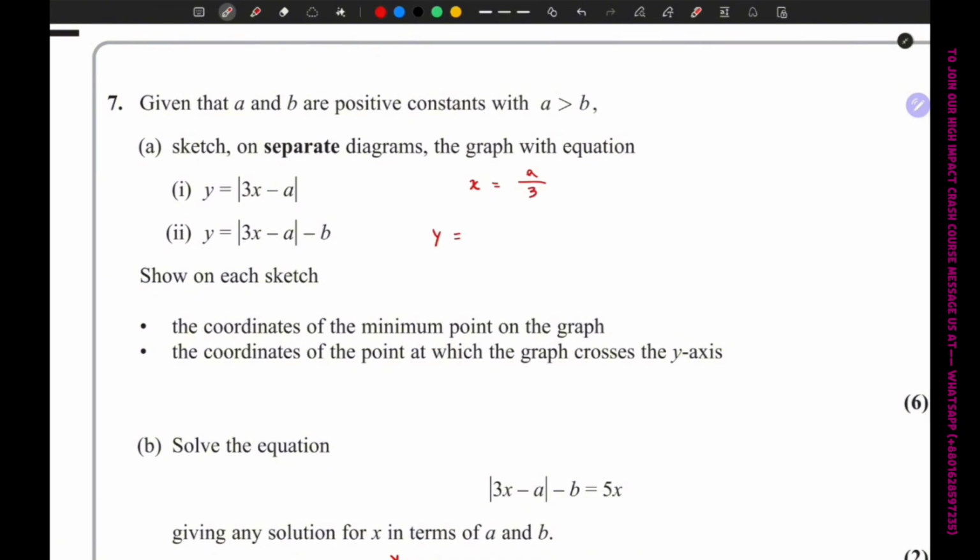If we substitute a over 3 into this equation, this will give us a minus a and minus b. So the y coordinate is negative b. So the coordinate of the vertex is (a over 3, negative b).